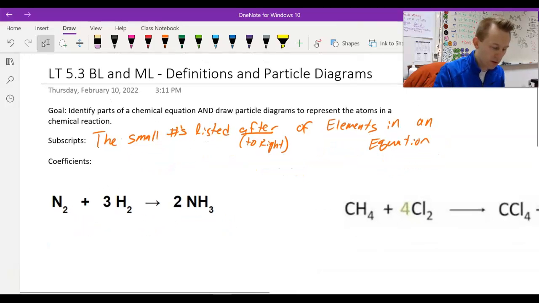Okay, so small numbers listed after the elements in an equation. These tell you how many things there are immediately to the left.